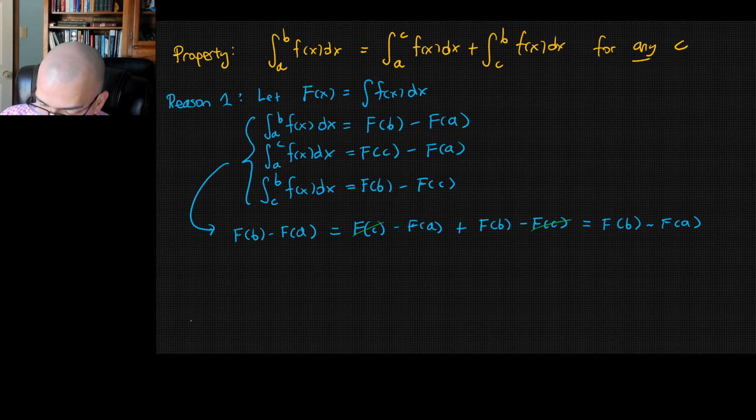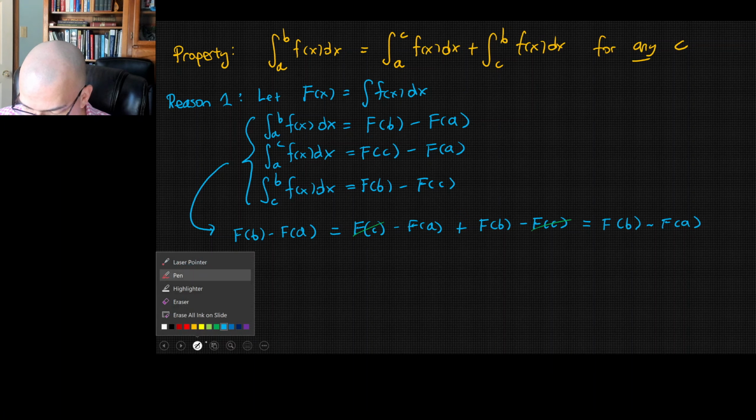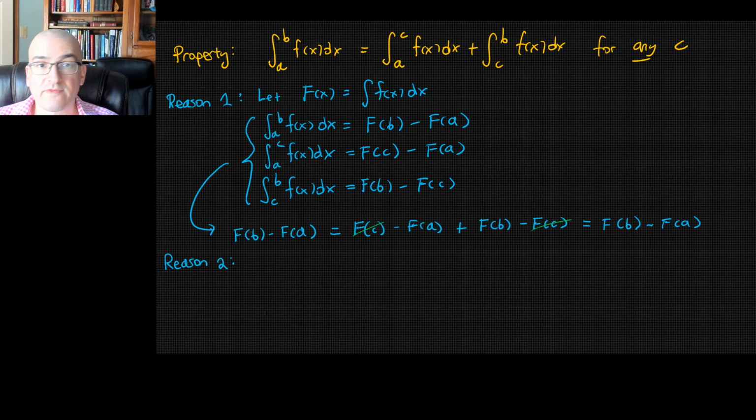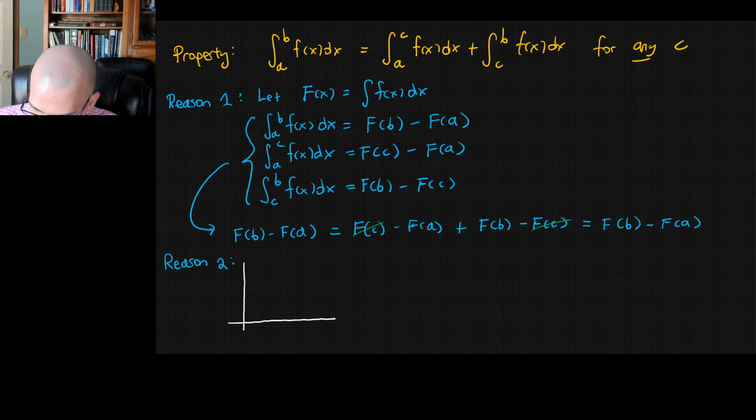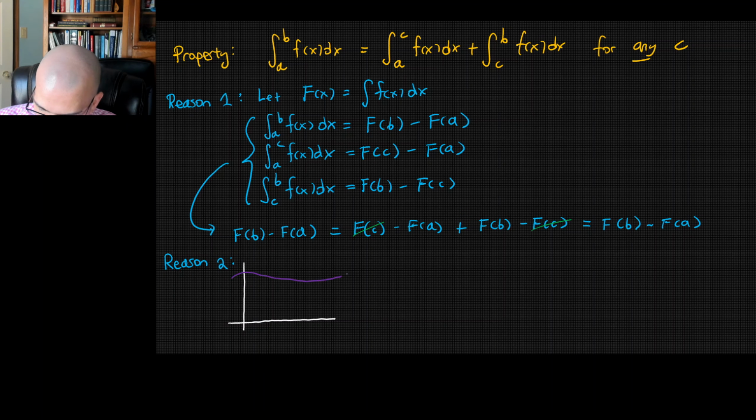Here's your second reasoning. It was stated that the antiderivative of f of x evaluated from a to b tells you how much area is under the curve. So I'm just going to draw a quick sketch of some function, and the details don't matter. So here's my function f of x.